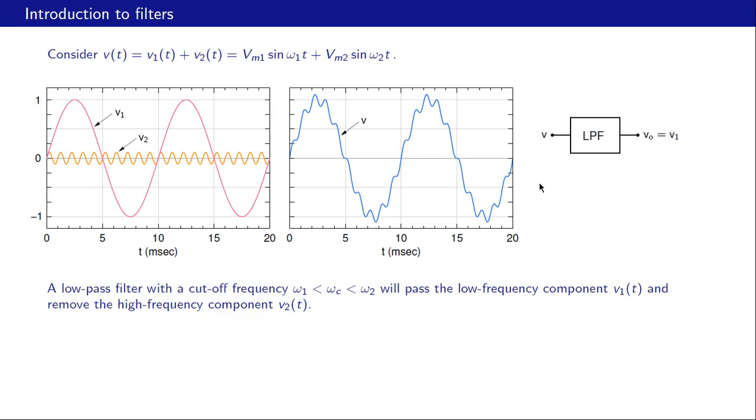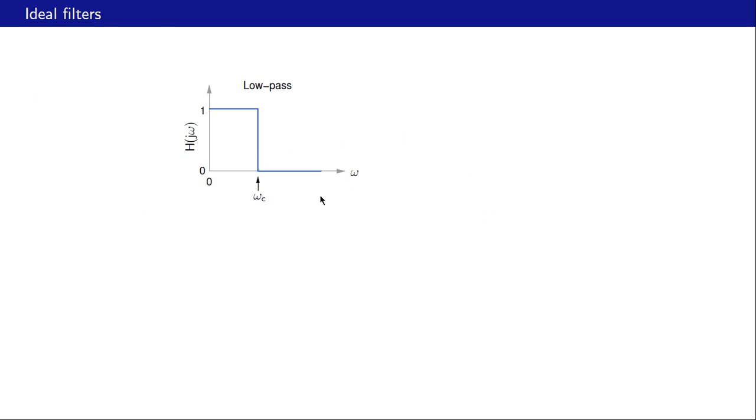Now let us look at the action of a low pass filter on this waveform. And before we do that, let us look at the transfer function of a low pass filter. That means the ratio of the output to the input of the low pass filter. And that is given by this graph here. This is the transfer function of the low pass filter.